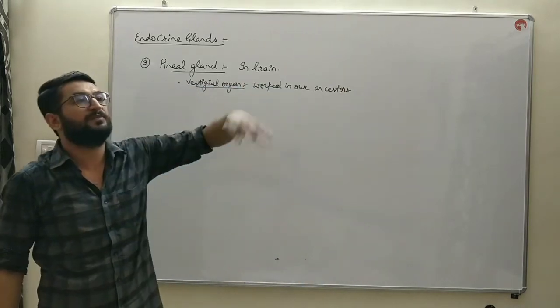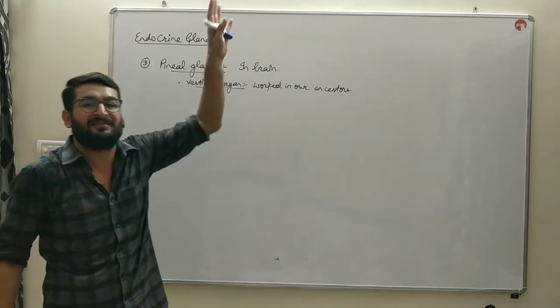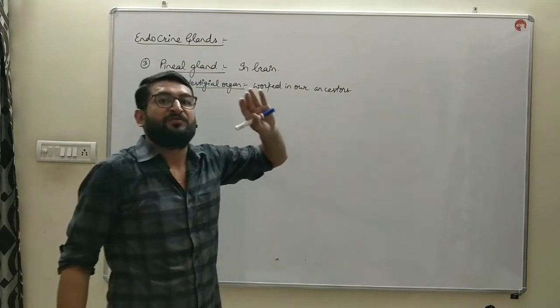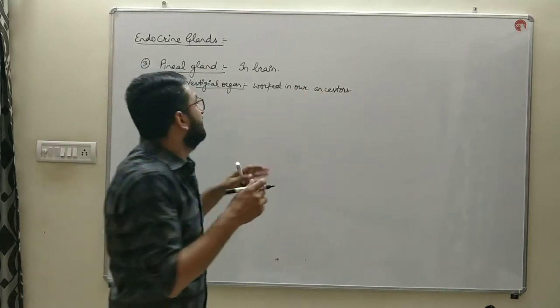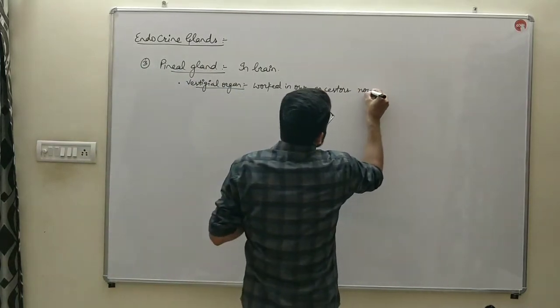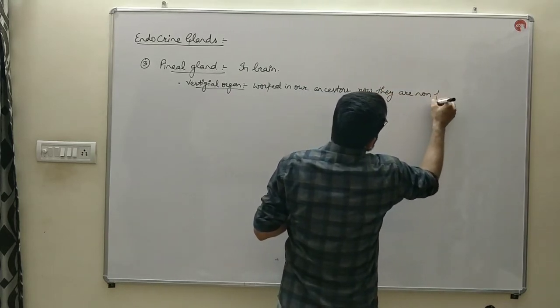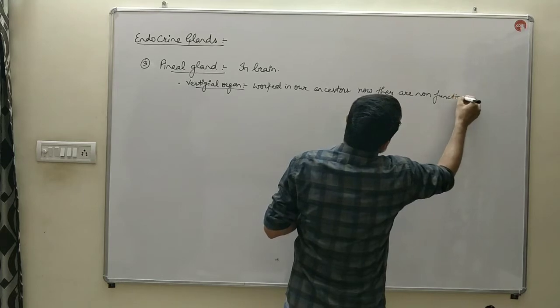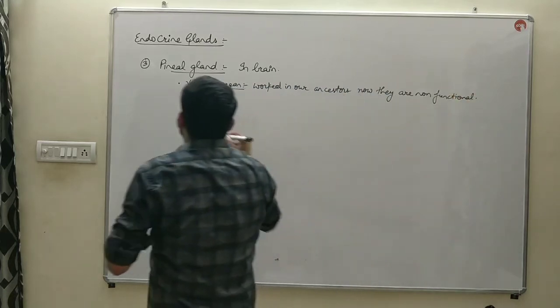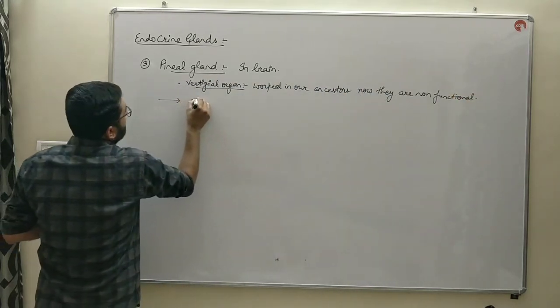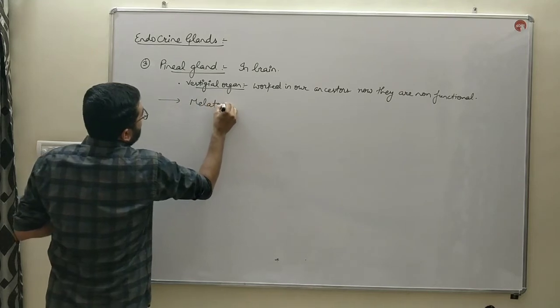Ancestor means our great grandparents, from which we evolve, and now they are non-functional. But some say it secretes a hormone named melatonin.